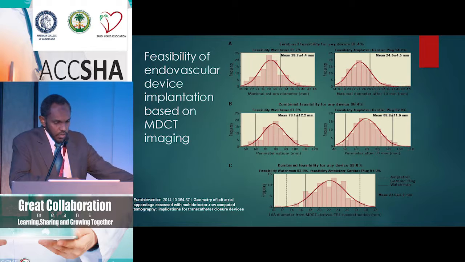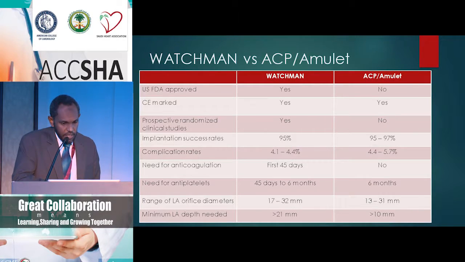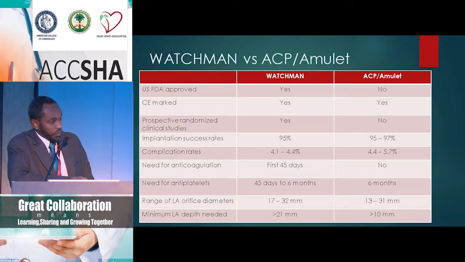So just to get to the bottom of this, comparing the two devices, I'll just take 30 seconds if the panel allows me. The WATCHMAN has both FDA and CE mark. The Amulet only has CE mark. The WATCHMAN is the only one that has randomized controlled trials.